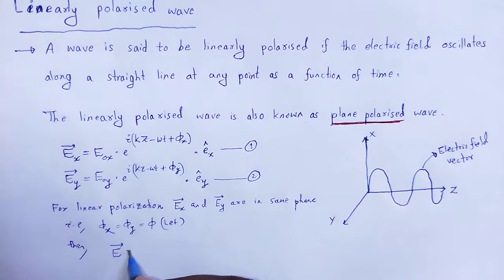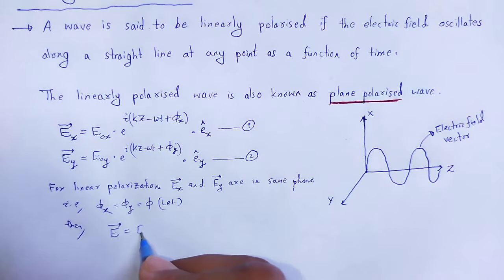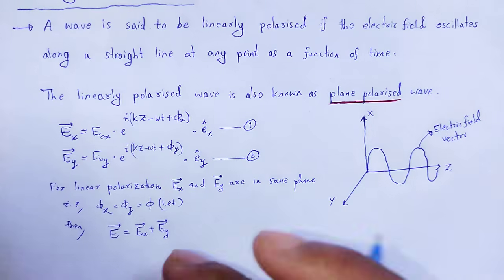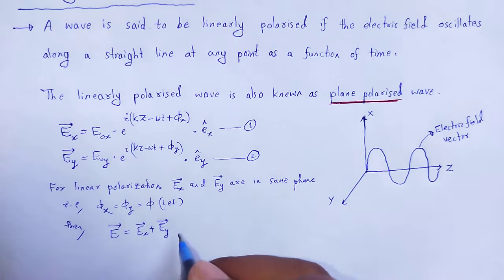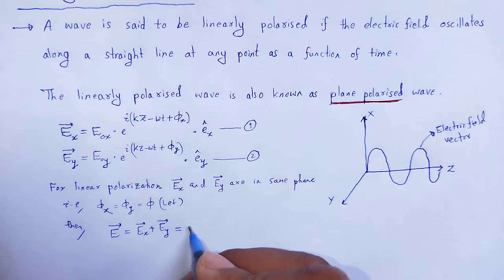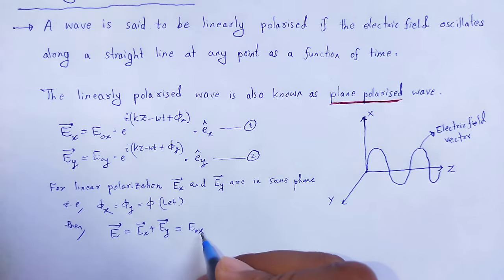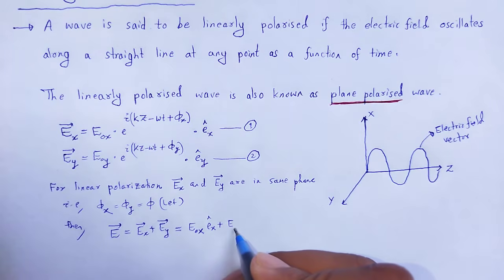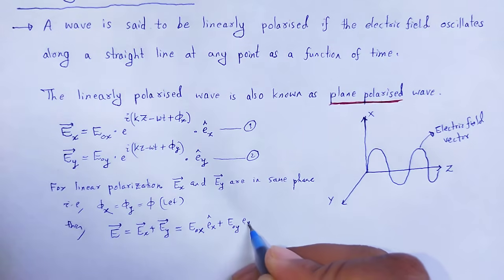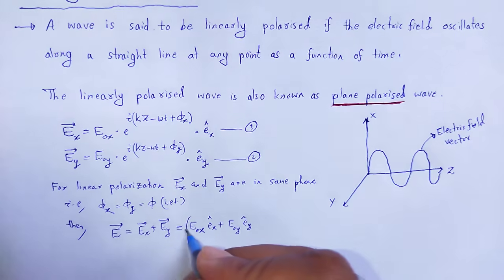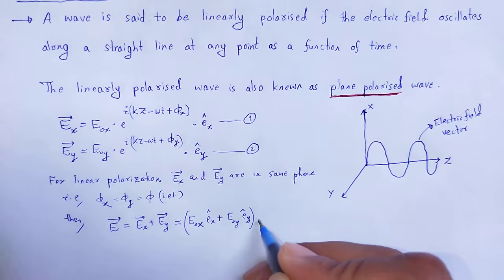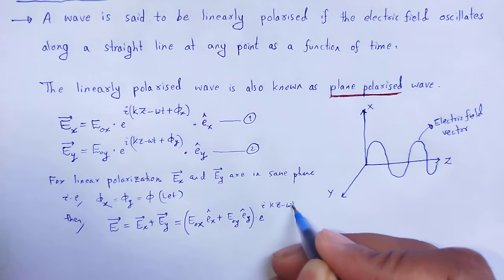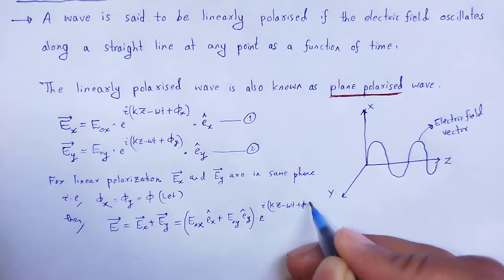Then the E vector can be represented as E x vector plus E y vector, the superposition of two vectors, as E o x E x cap plus E o y E y cap, times e to the power i (k z minus omega t plus phi).